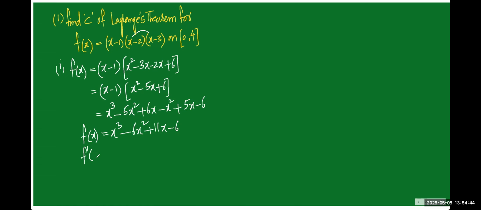Let me check condition number 1 and then work. We find the derivative and write together. X cube derivative is 3x square. X square derivative is 2x, means 6 twos are 12x plus 11.